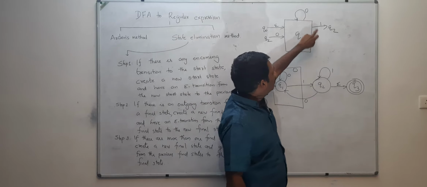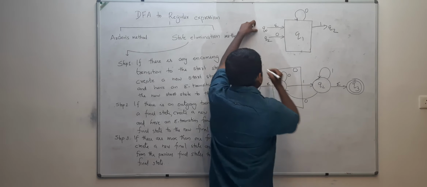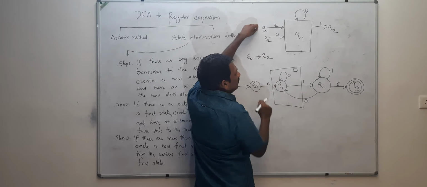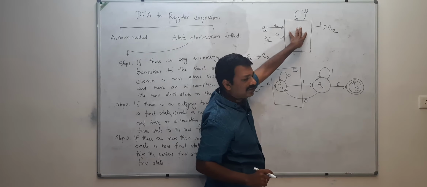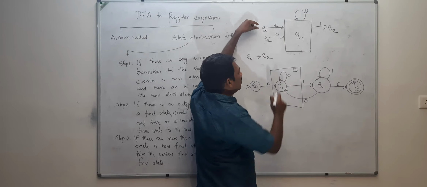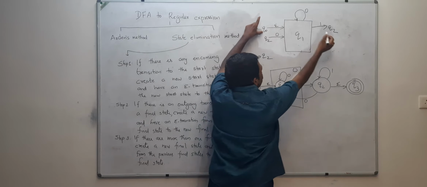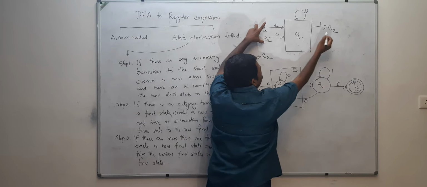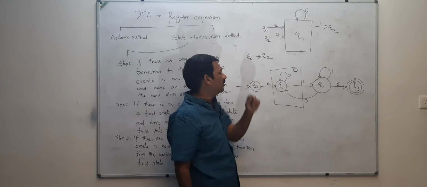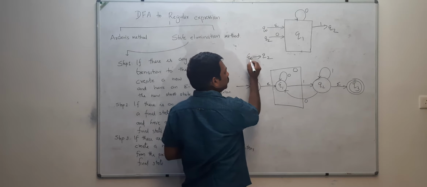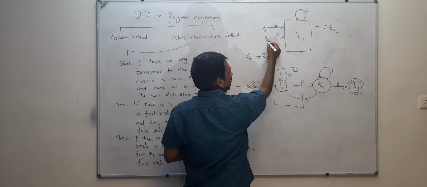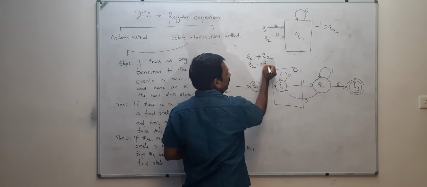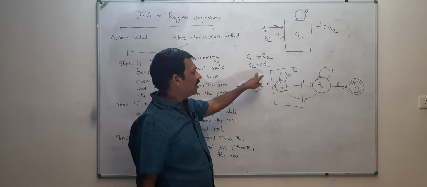If you are eliminating this, there is a path from Q0 to Q2 and there is another path from Q2 to Q2. These two paths we are going to consider.